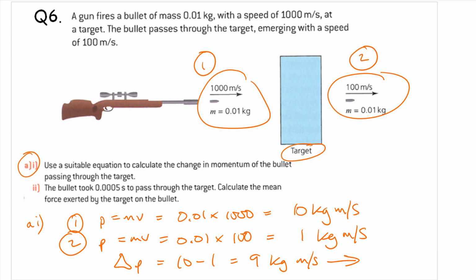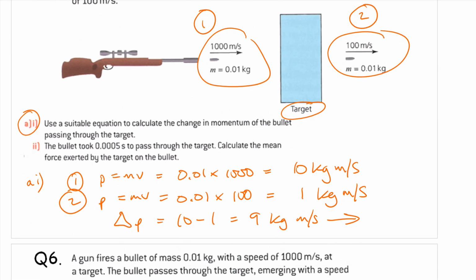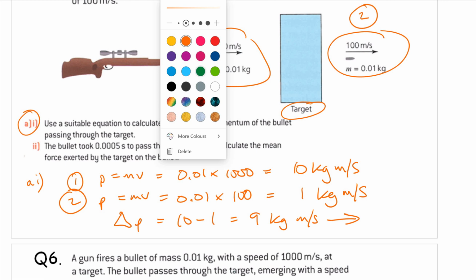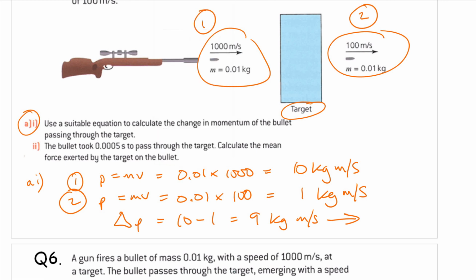Okay, happy with that so far? Great. Then it says, I'll do this in a different colour. Let's have a look at section 2. Calculate the mean force. Well, we've already been given the equation. Force is change in momentum divided by the time it took.